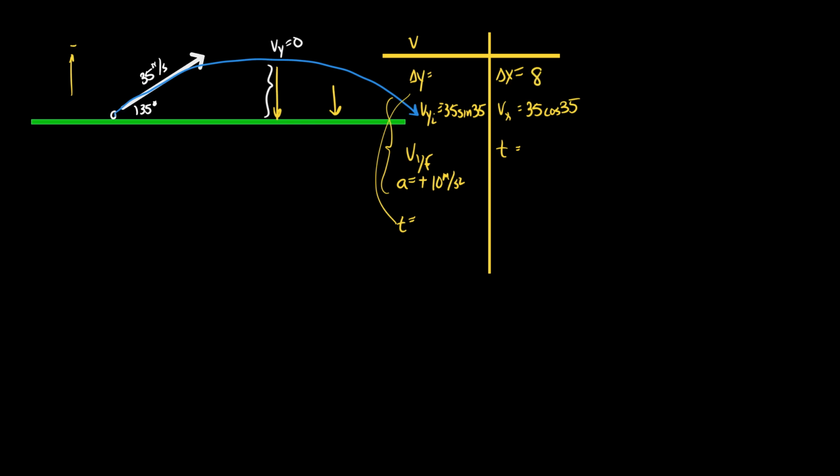So I'm going to figure out when is the ball 85 meters away. Because if I figure out when the ball is 85 meters away, I can use that time to figure out how high the ball is when it's 85 meters away. So that's what I'm going to do. So that'll be 85 equals 35 cosine 35 all times t.